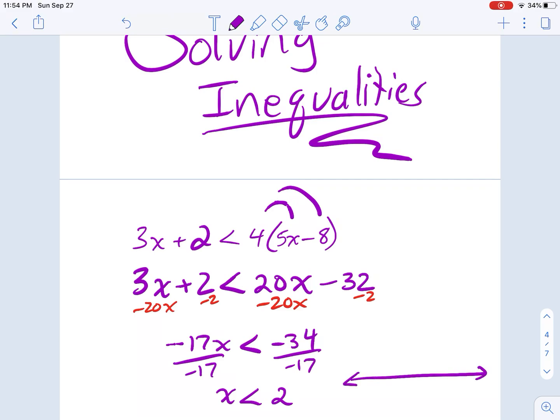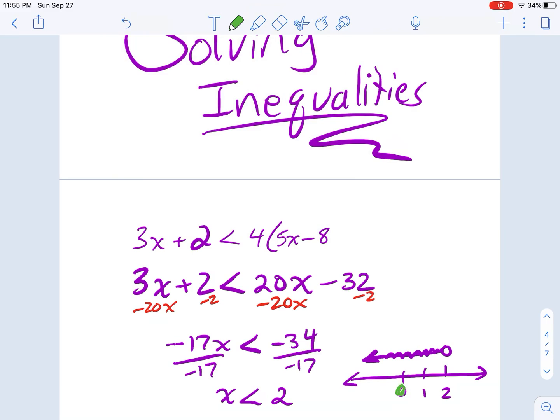So let's just check that works. So 0, 1, 2. So x is less than 2. Okay, cool. So if this is correct, then when I take any value that's in my shaded part, it should make this original inequality true. So let's take an easy value, like 0.